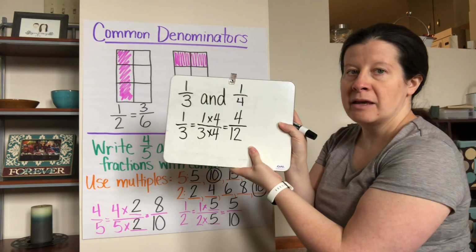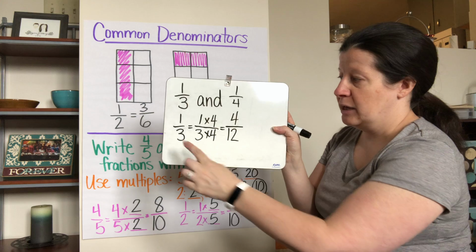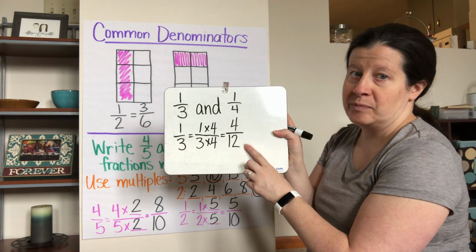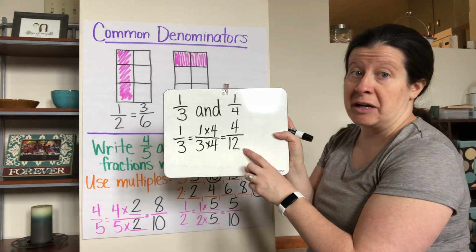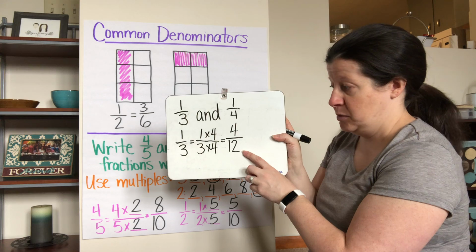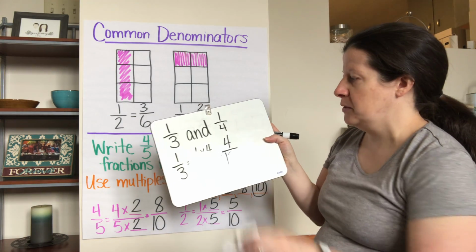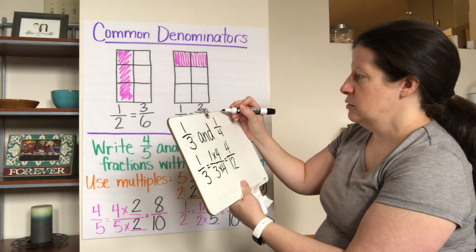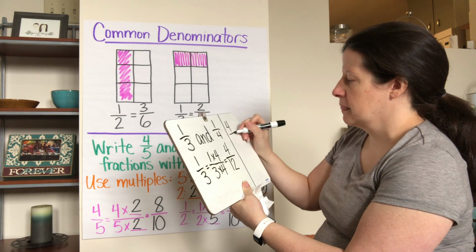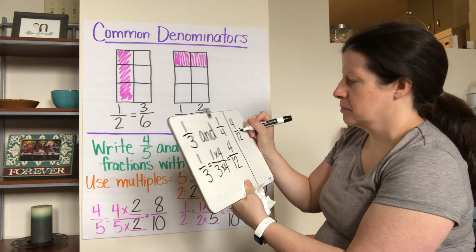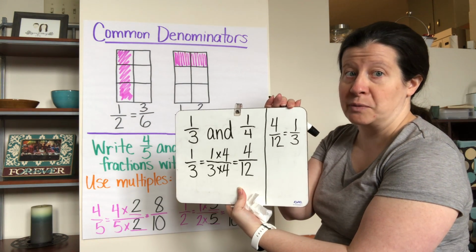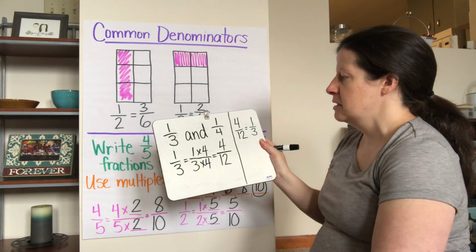So now I've taken 1/3 and found an equivalent fraction for it, 4/12, with a denominator of 12, because I know their denominators have to be 12. That was what was common between them. So 4/12, I'm going to go like this so I have some room here. Go ahead and write that out there. 4/12 is equal to 1/3. We changed 1/3 to 4/12.